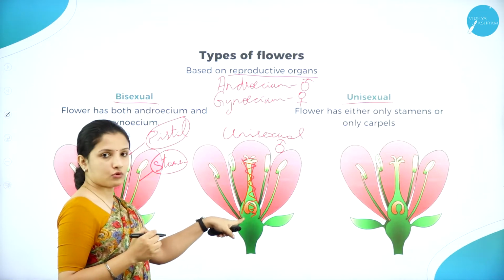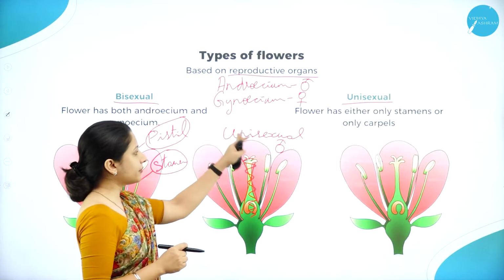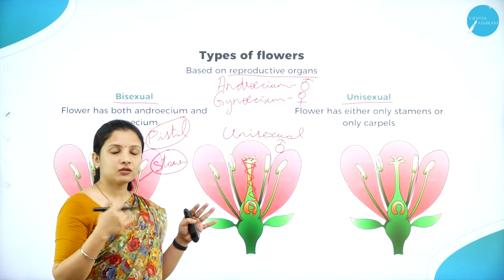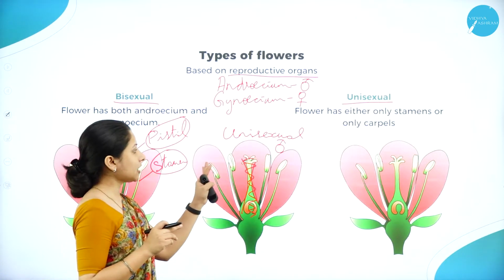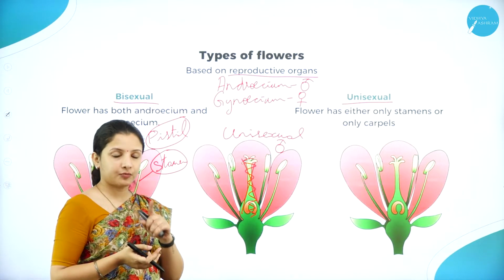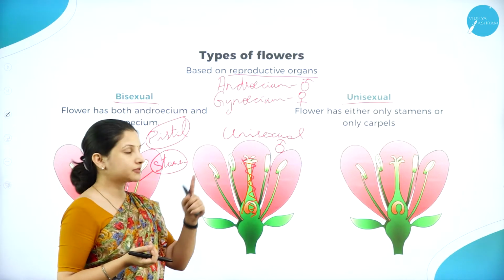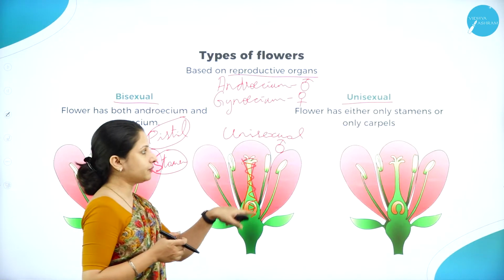Gynoecium I have just removed, it is not there. So those flowers having only the male reproductive part without the female reproductive part will also be called unisexual flowers. Why? Because here only one sexual character is present in the flower, or only one sex is present in the flower, that is the anther, which is the male reproductive part.